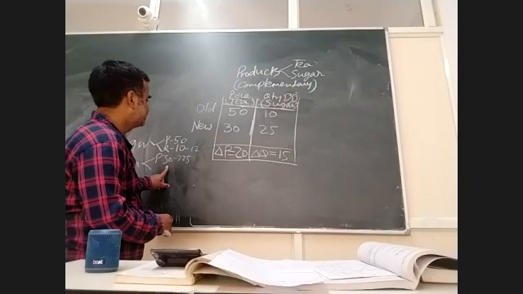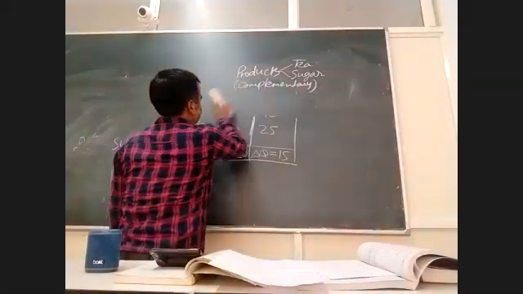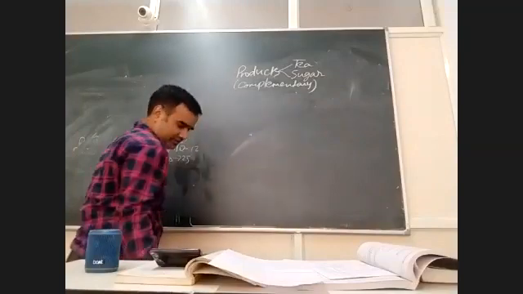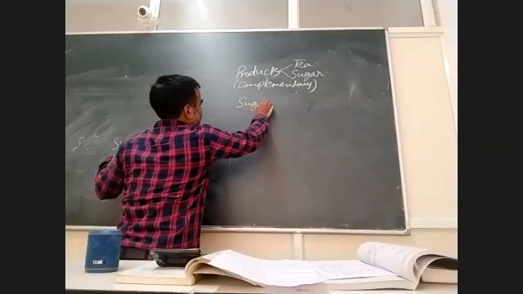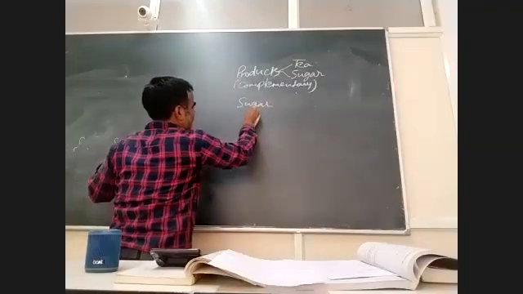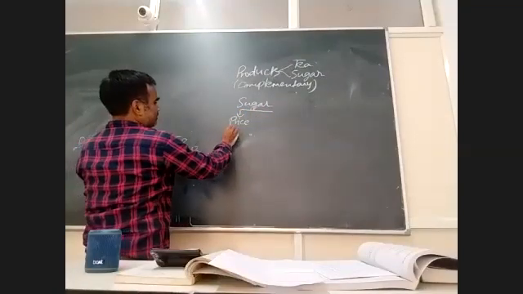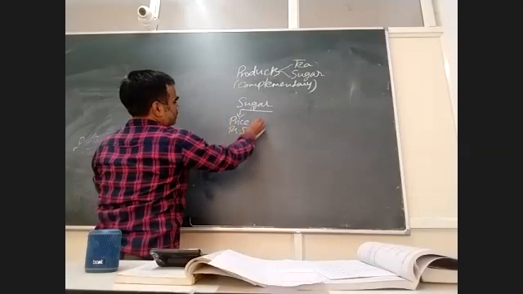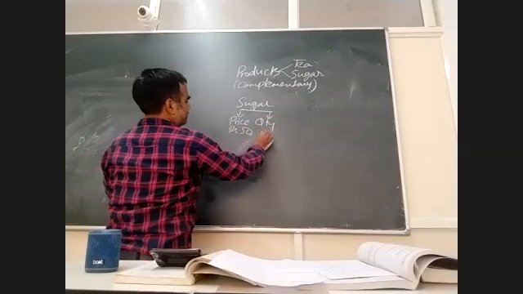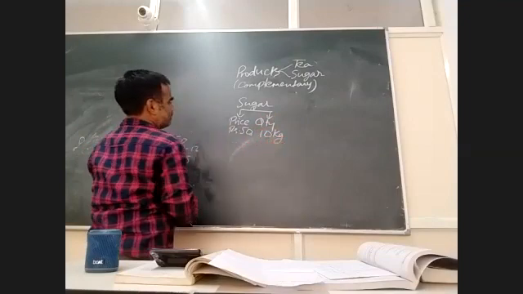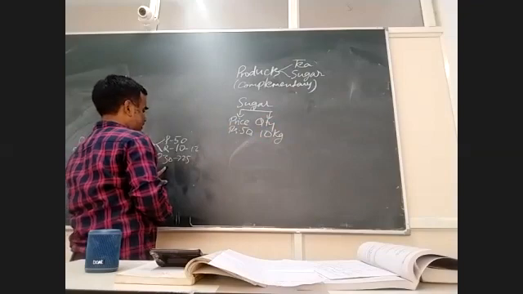Price of tea. Actually, sugar price is 50 rupees. Quantity 10 kg. Then tea price is 25.